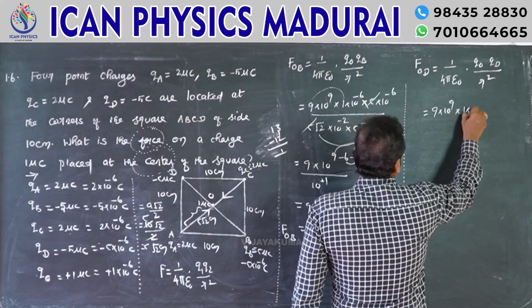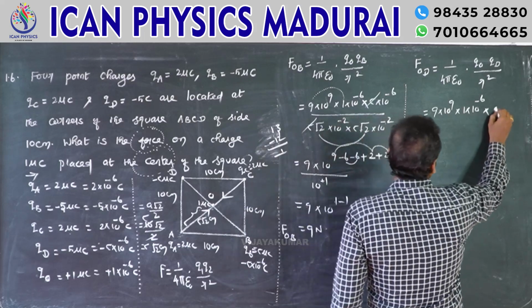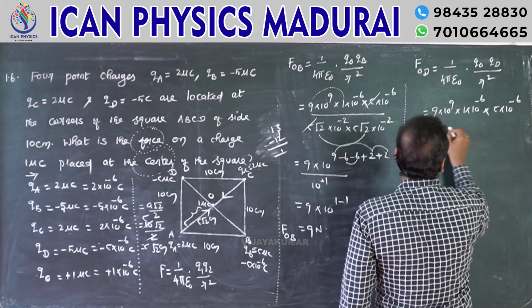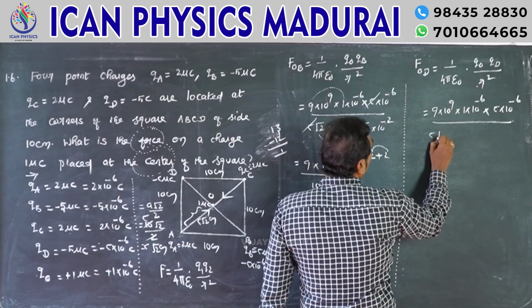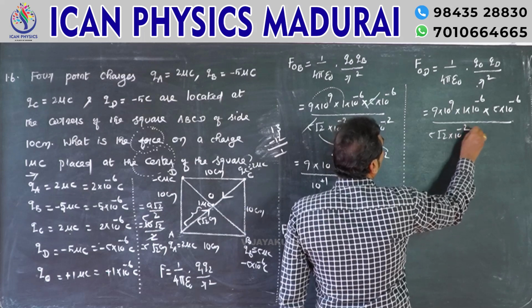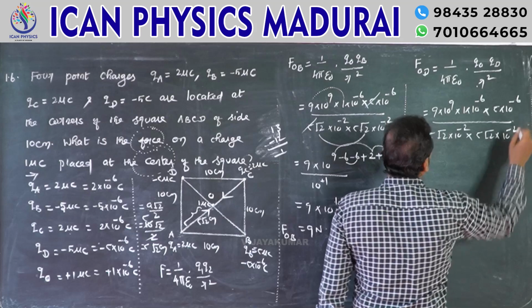The charge at the origin is 1 into 10 to the power minus 6, the charge at D is 5 microcoulomb, so 5 into 10 to the power minus 6, divided by R square, 5 root 2 into 10 to the power minus 2 into 5 root 2 into 10 to the power minus 2.